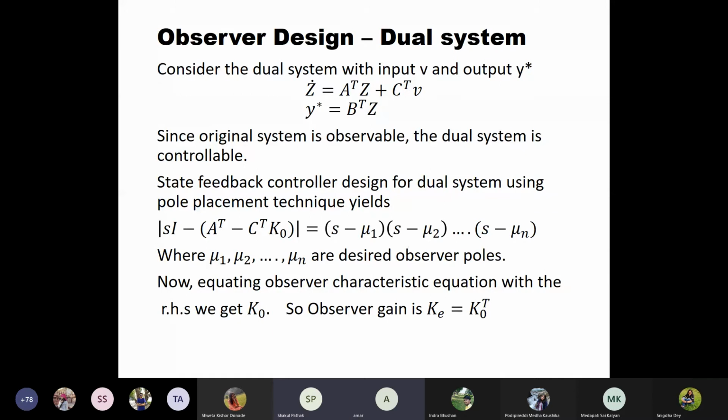So actually, to ensure that, we have defined, or we have set A transpose, C transpose, and B transpose in that way. So the basic property of the dual system is that the controllability matrix of the primary system should be same as the observability matrix of the dual system. Also, the observability matrix of the primary system should be same as the controllability matrix of the dual system. This is the basic condition to construct a dual system.